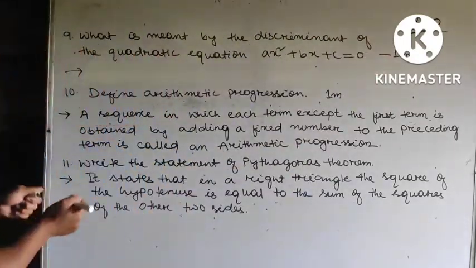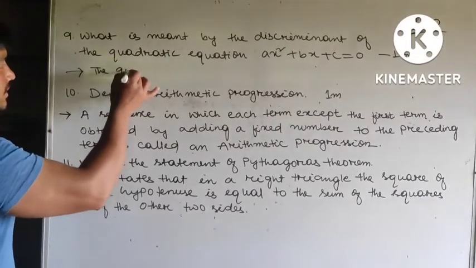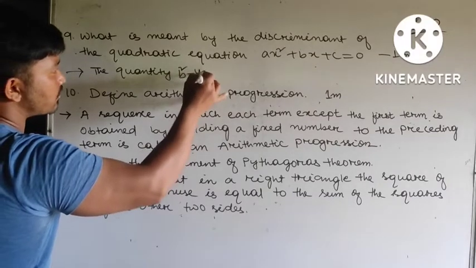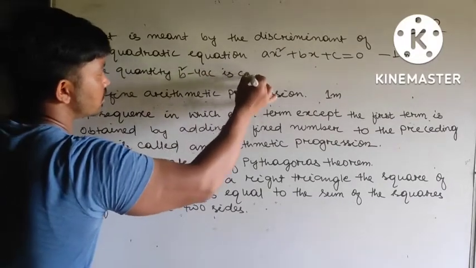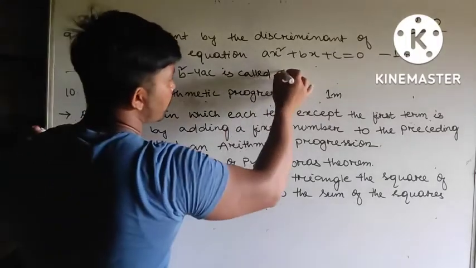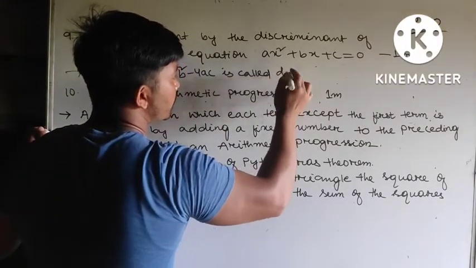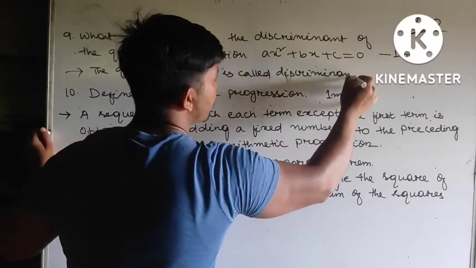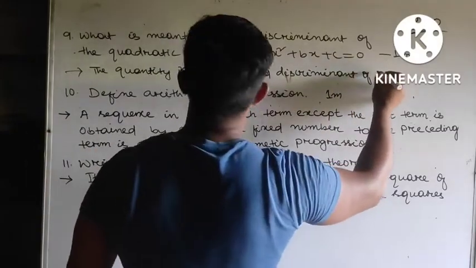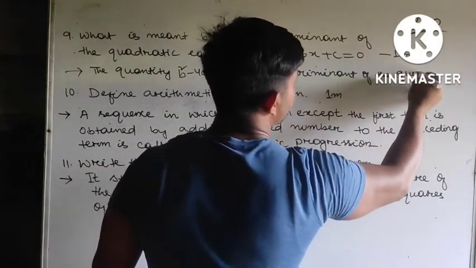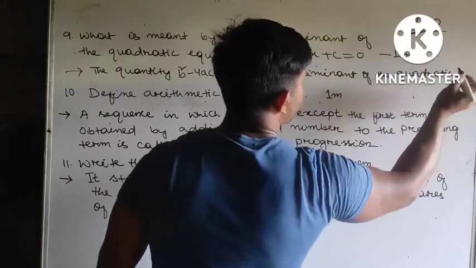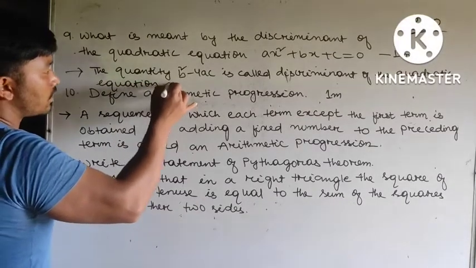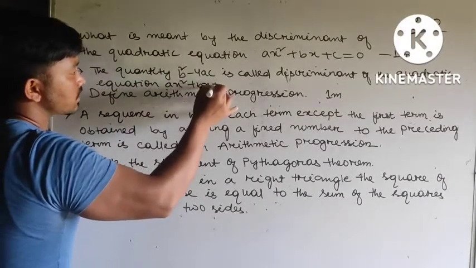So the answer is: the quantity b square minus 4ac is called the discriminant of the quadratic equation ax square plus bx plus c equal to 0.